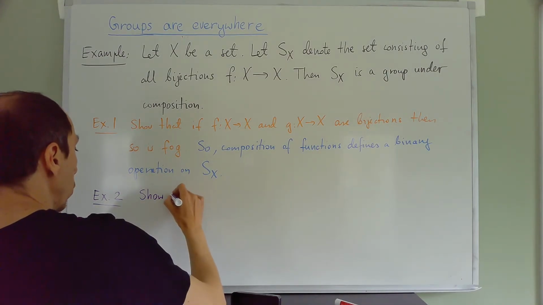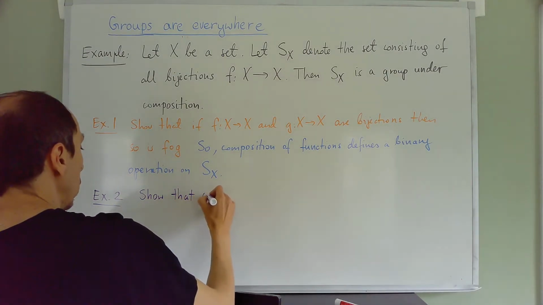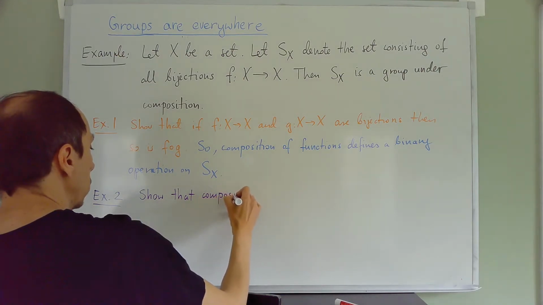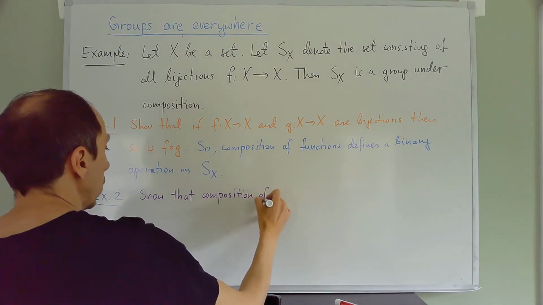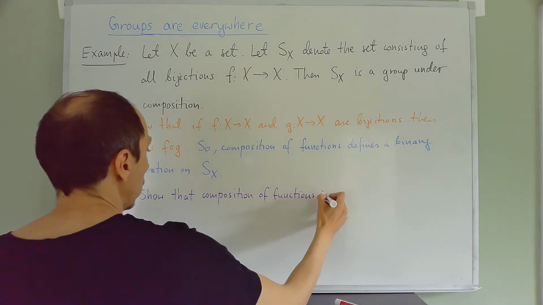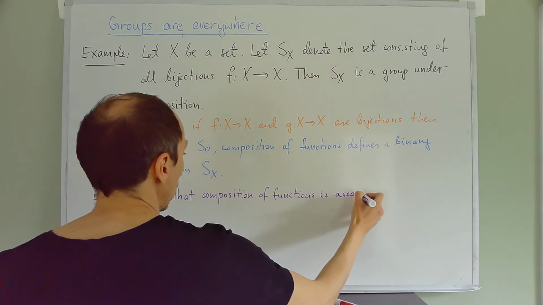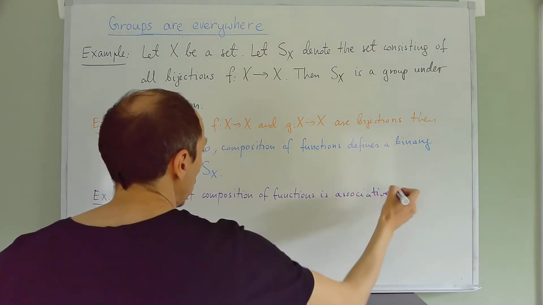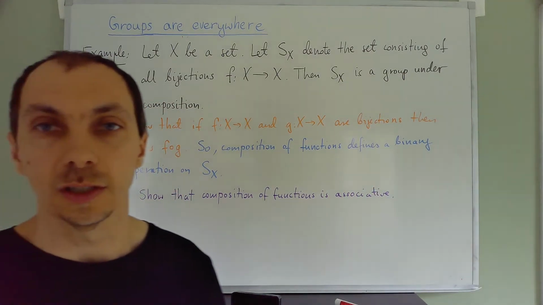true in general. Show that composition of functions is associative. This has nothing to do with bijections.